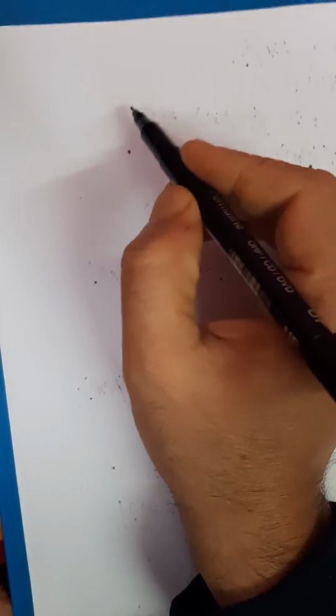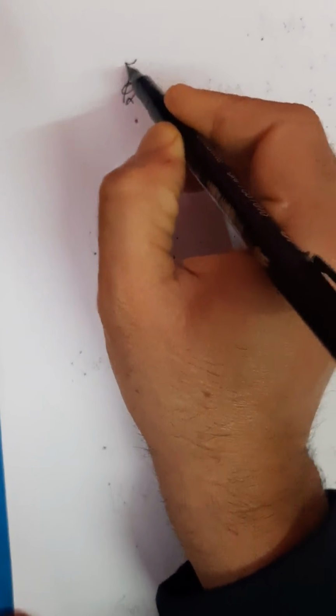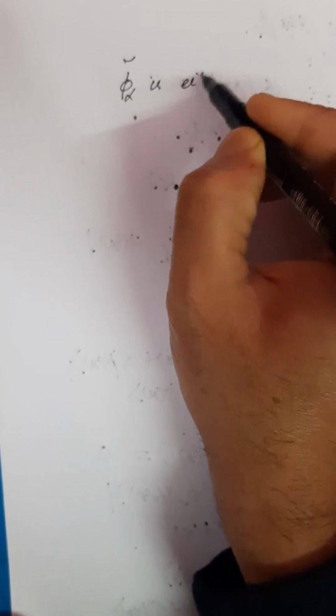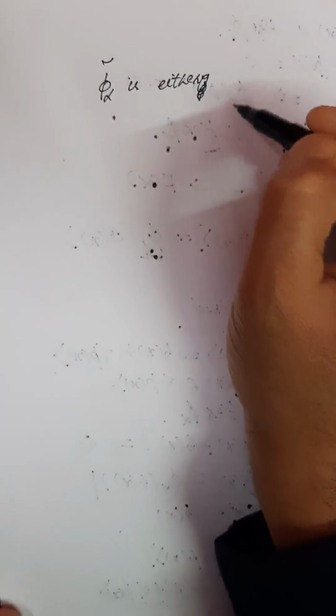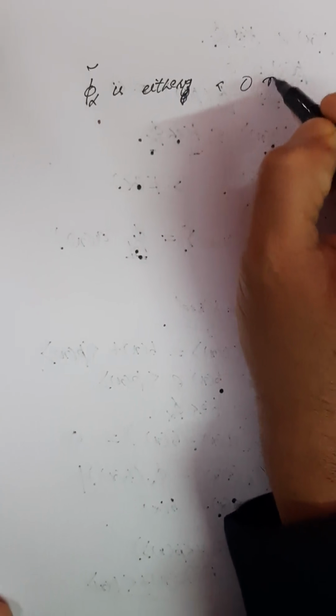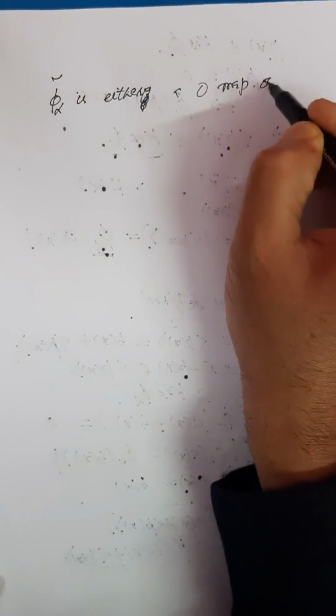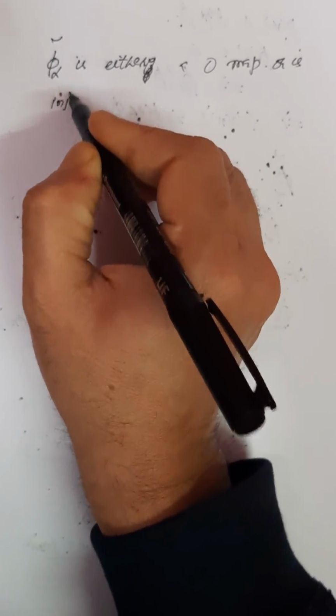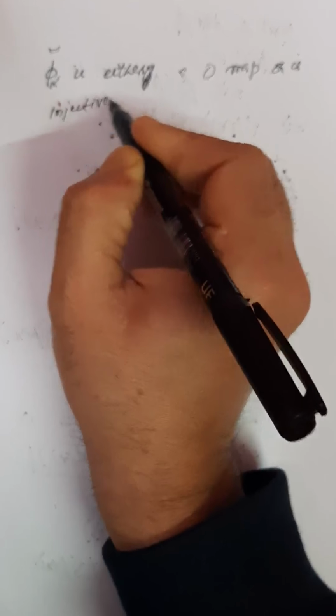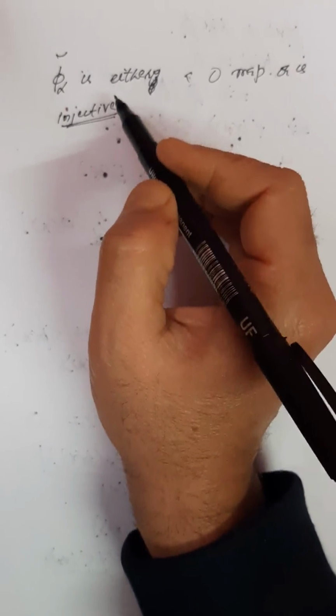So phi alpha tilde is either a zero map or is injective. But it is not a zero map. Why?